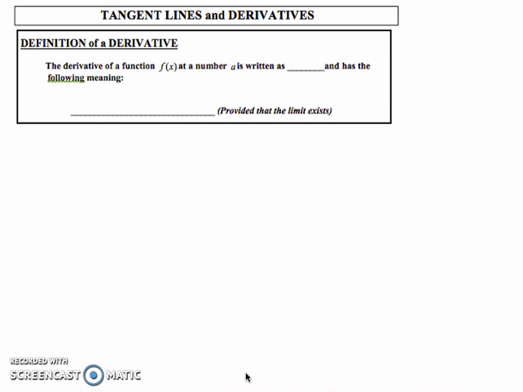So we're going to go back to the definition that we were working with yesterday for the slope of a tangent line, which was that our slope is equal to the limit as x approaches a of f of x minus f of a over x minus a. Okay, so we're going to begin with that.